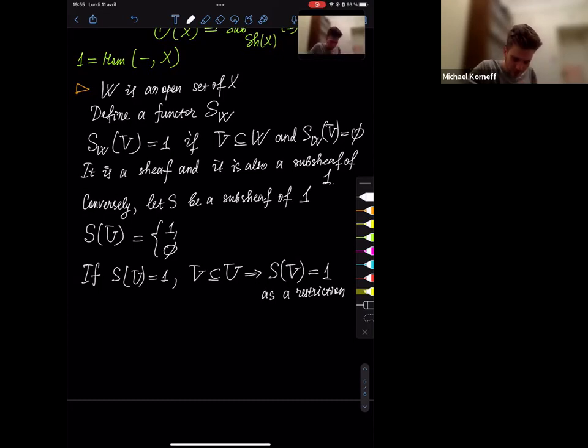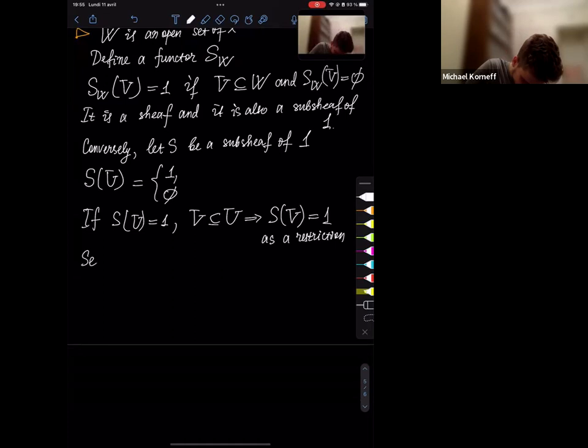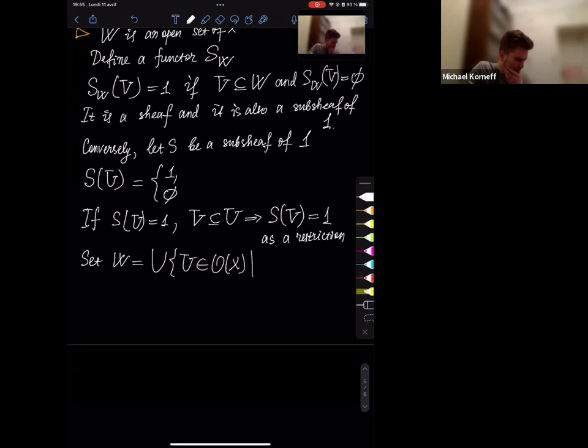And then we can form the following set, which consists of all such U in O of X such that S of U is equal to the one point set.